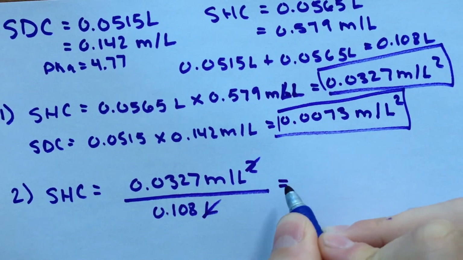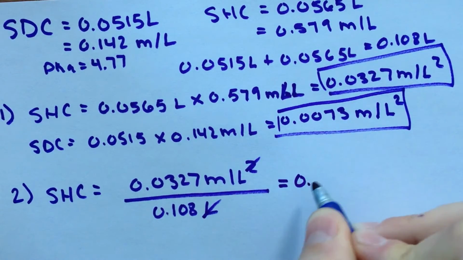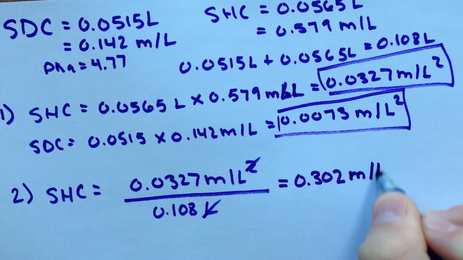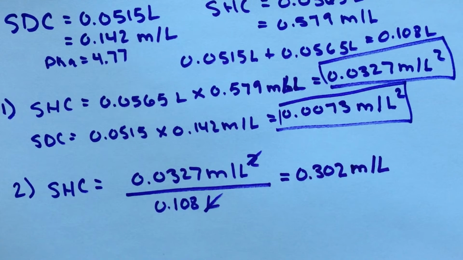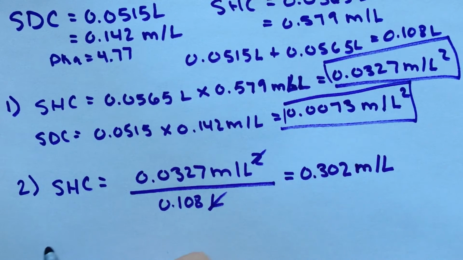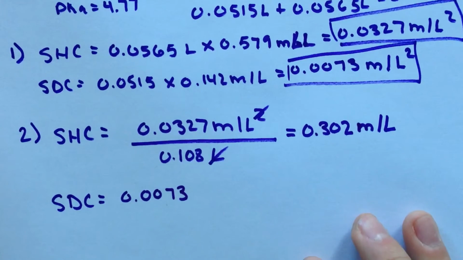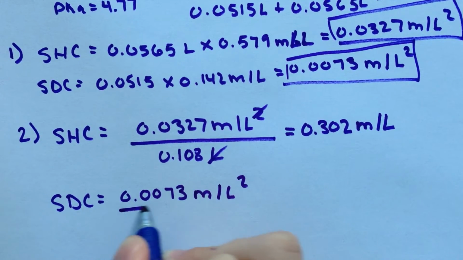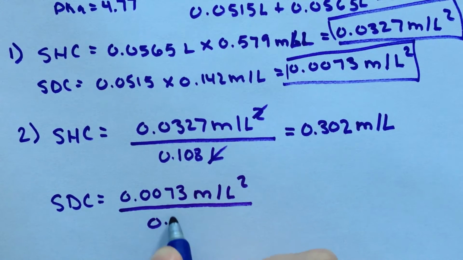And we're given 0.302 moles per liter. We're going to do the same thing for sodium dihydrogen citrate. And we're given 0.0073 moles per liter squared divided by 0.108 liters.